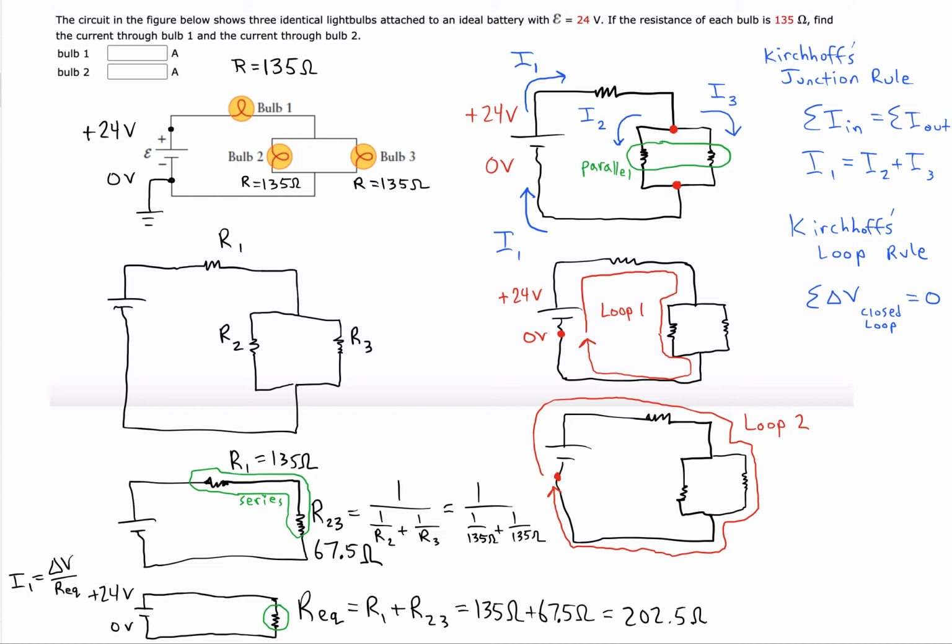Remember, I1 is the current flowing through the whole circuit, and it's also the current flowing through the battery. So if we divide 24 volts by 202.5 ohms, then we'll discover I1. It's 0.119 amps.